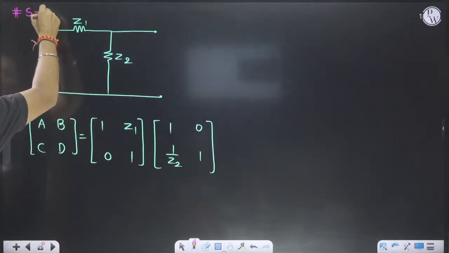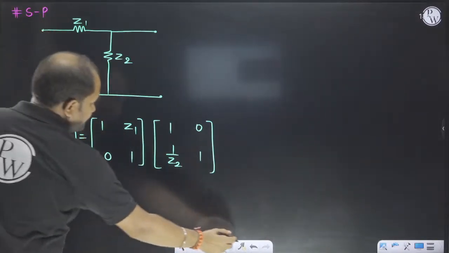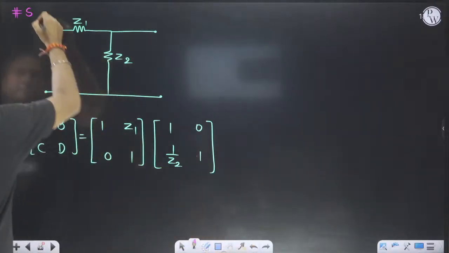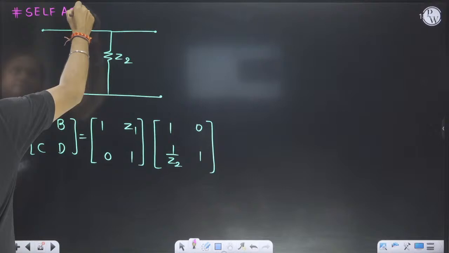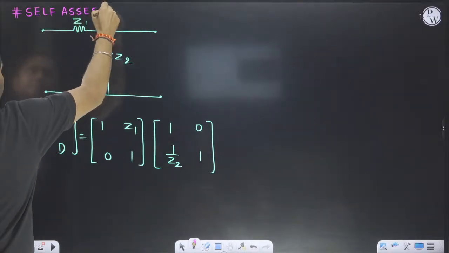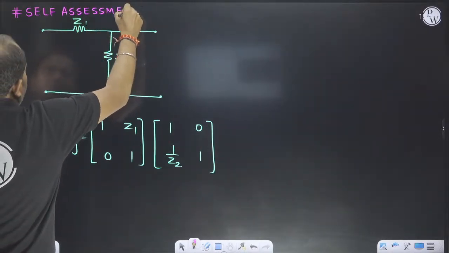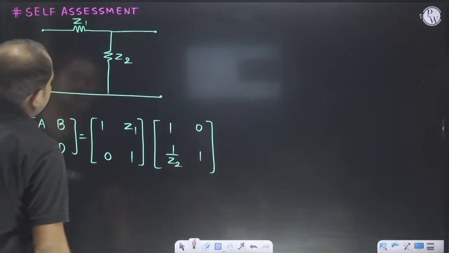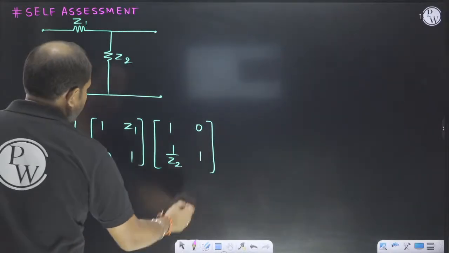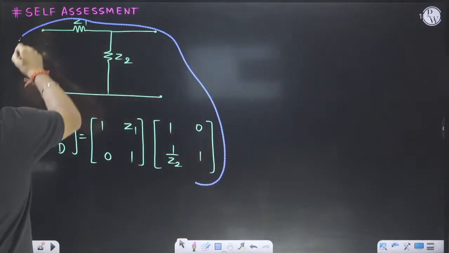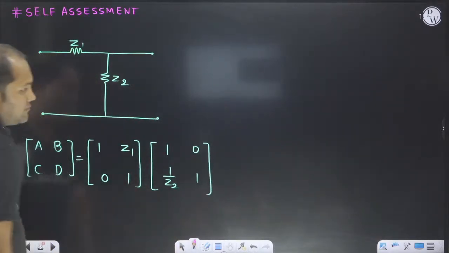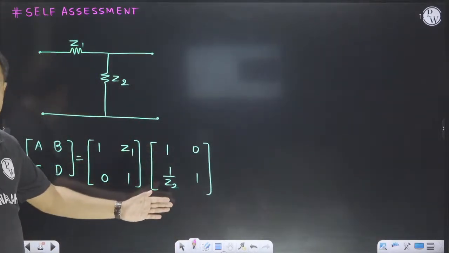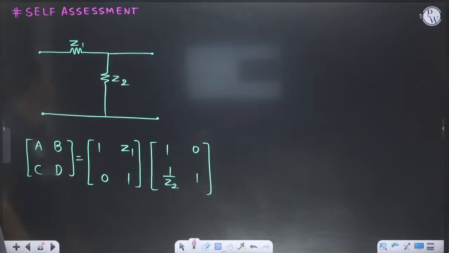This is a self-assessment type question, because this question may be asked in the GATE exam. So first find out ABCD, then find out the S parameter.